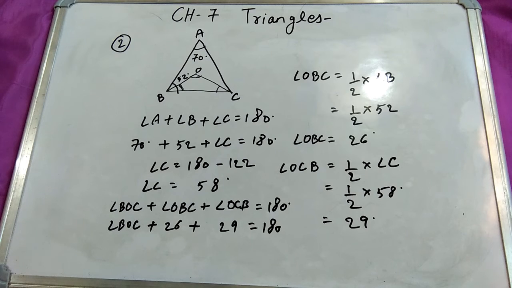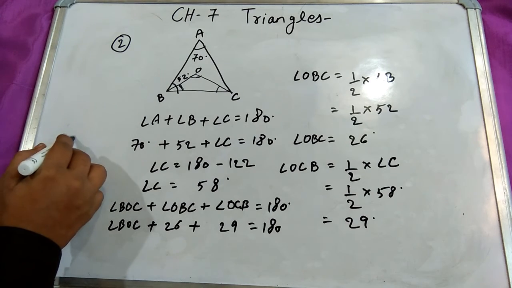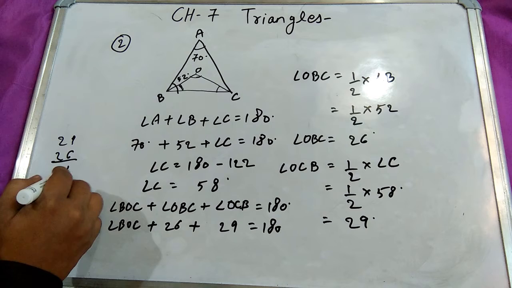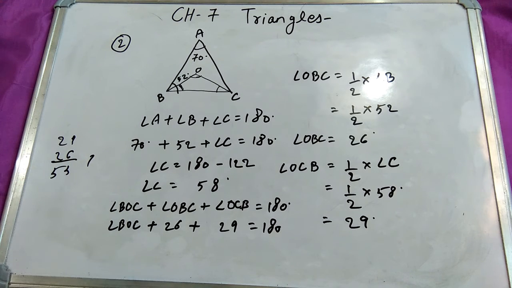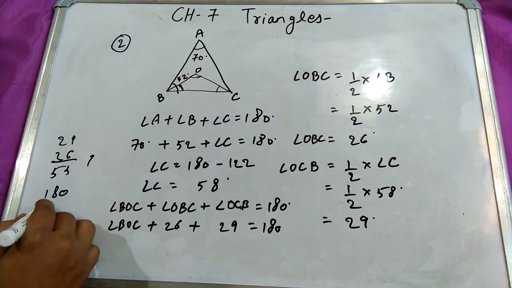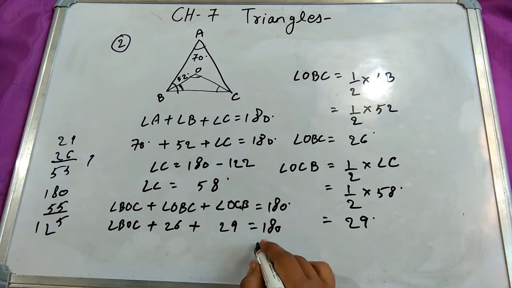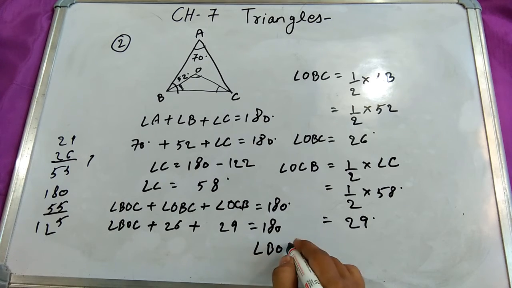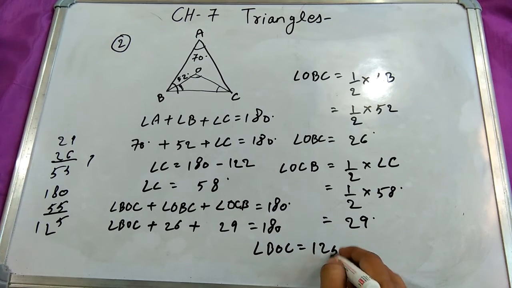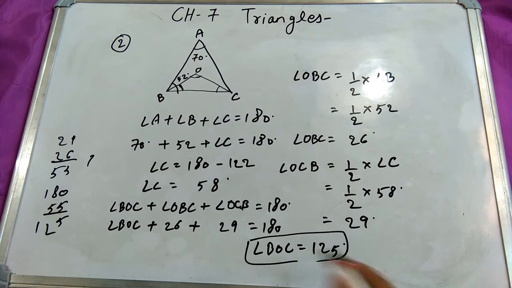What is the sum of 26 and 29? It is 55. 180 minus 55 is 125. So angle BOC equals 125. Okay, this is our second question.